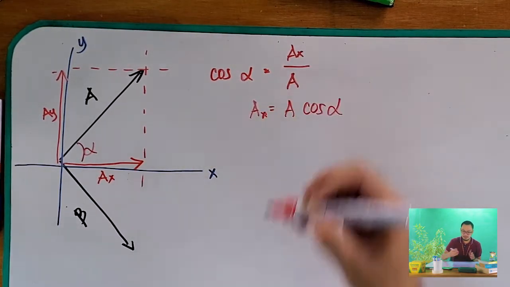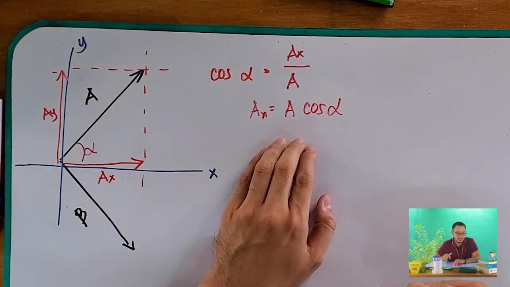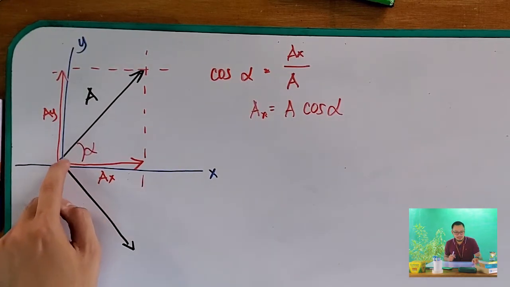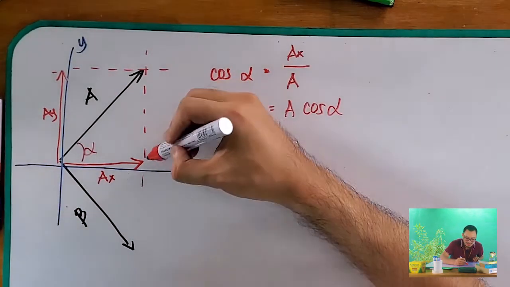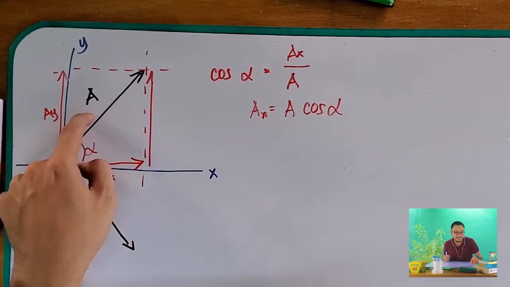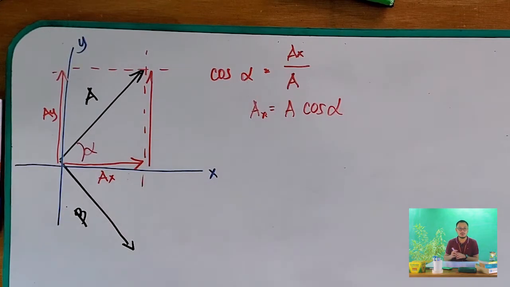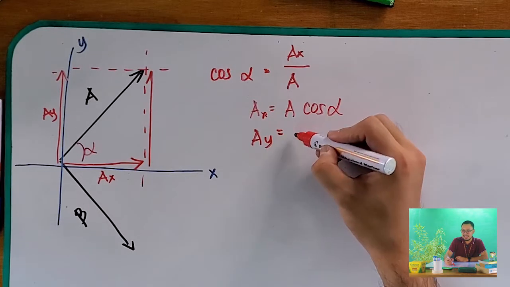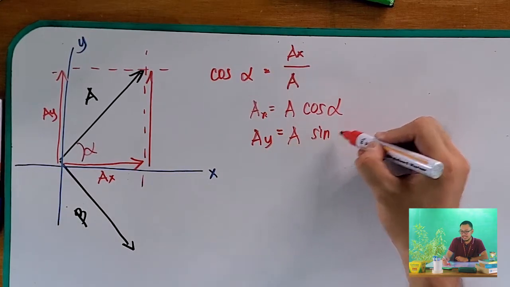And you can also go straight to it, without writing cosine alpha, just by looking at the figure. In this case, you will notice that Ay has the same length as this side. And this is opposite over hypotenuse. So this is sine. So Ay is equal to A sine alpha.